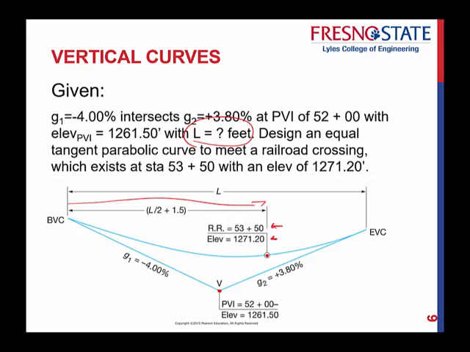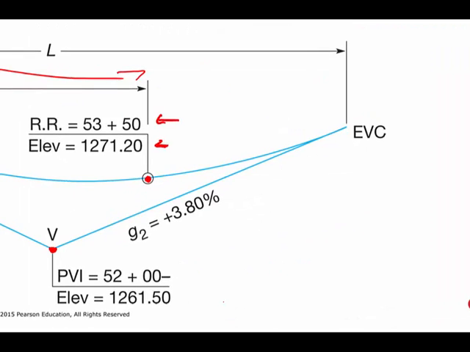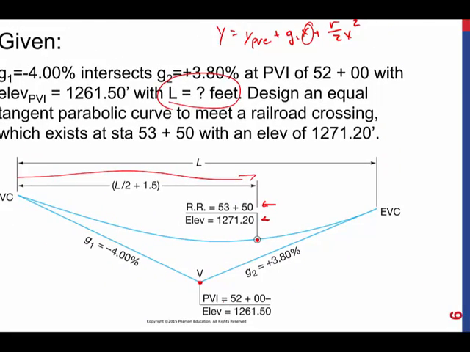Okay, so to be able to figure out the whole distance, if you remember the equation, y is equal to y of the PVC plus G1x plus R over 2 x squared. All right, so what we're looking for right here is what x is. We need to know what x is. If this is your PVI, this right here is the station we're trying to fit.